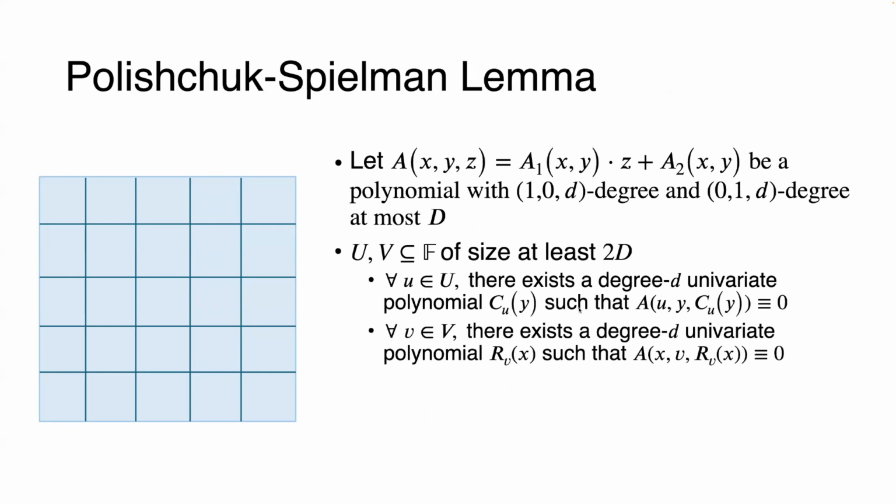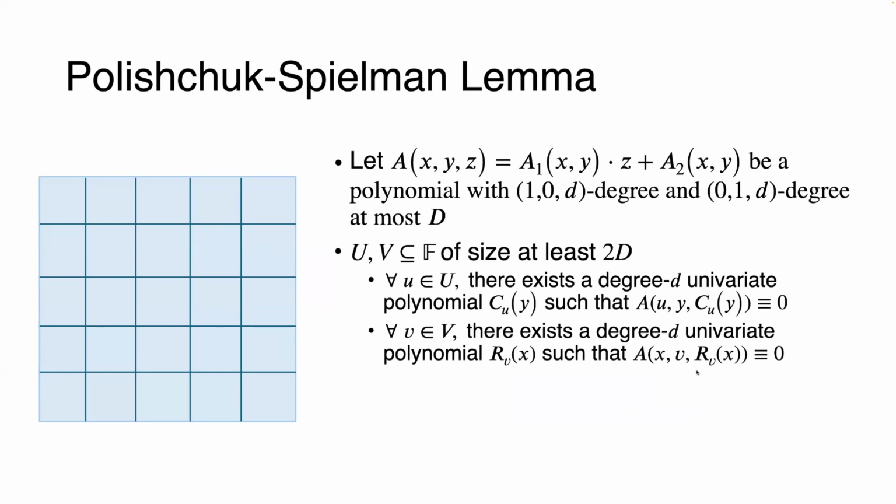For many values of x equal to u, a(u,y,z) has a root c_u(y), in the sense that z minus c_u(y) divides the polynomial a(u,y,z). And similarly, for many values of y equal to v, we have a polynomial r_v(x) such that r_v(x) is a root of the polynomial a(x,v,z), in the sense that z minus r_v(x) divides the polynomial a(x,v,z).